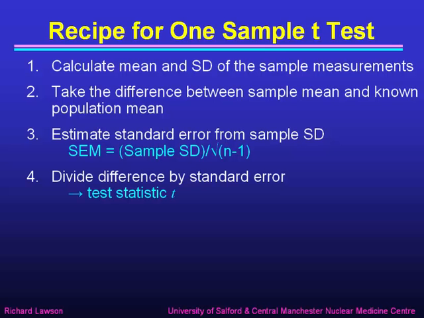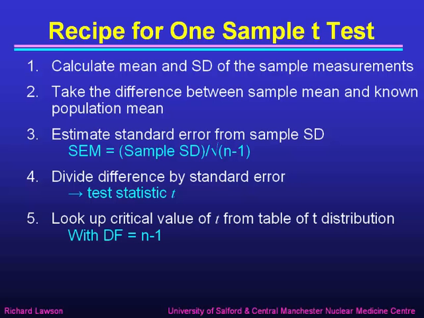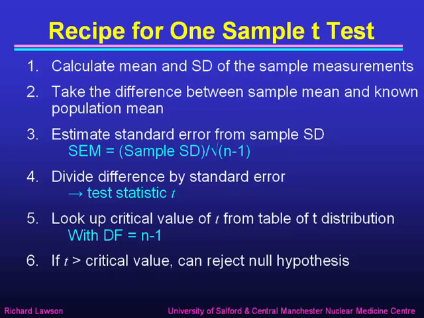Then we divide the difference by this standard error, which gives us the test statistic t, and we look up the critical value of t from a table of the t distribution instead of the normal distribution, and the number of degrees of freedom that we have to use is n minus 1, the number of measurements in the sample minus 1. Then if t is greater than the critical value determined from the table, we can reject the null hypothesis in the normal way.